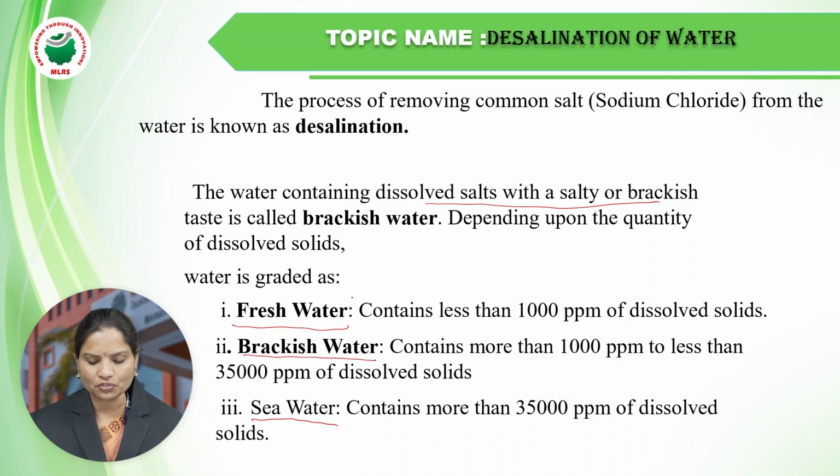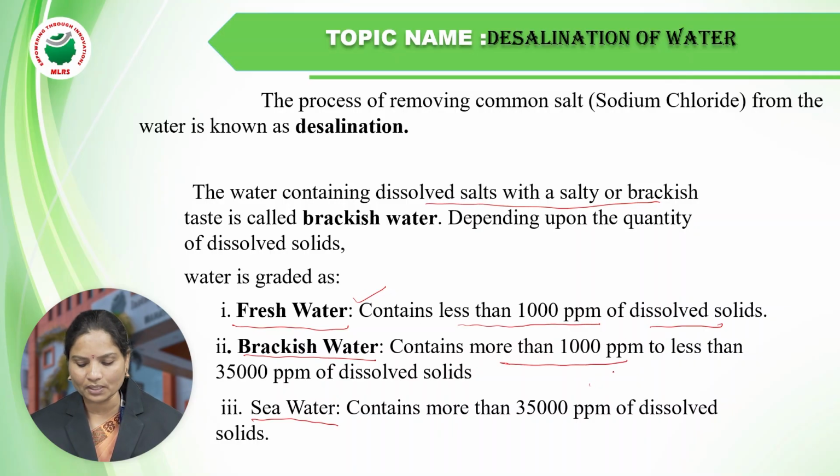Fresh water contains less than 1000 ppm of dissolved solids. Brackish water contains more than 1000 ppm and less than 35,000 ppm of dissolved solids. Sea water contains more than 35,000 ppm of dissolved solids.